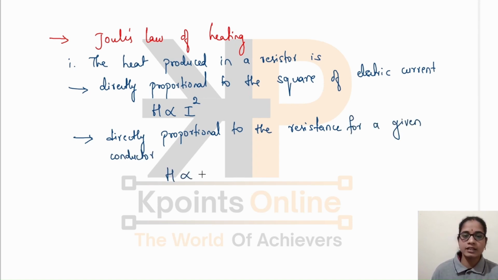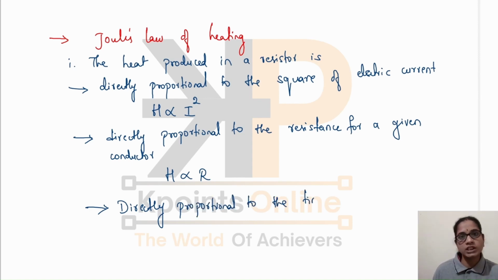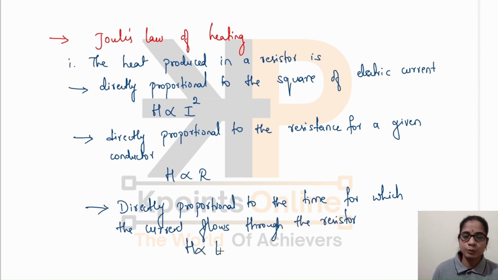That is, H is directly proportional to R, and also it is directly proportional to the time for which current flows through the resistor. That is, it is directly proportional to T. So we have the Joule's law of heating in the mathematical form as H is equal to I square RT. This is the mathematical form of Joule's law of heating.